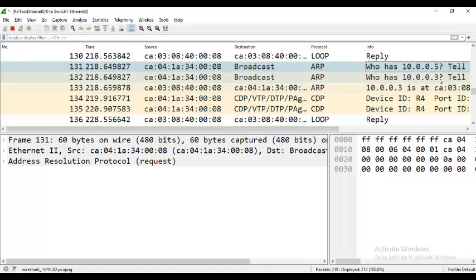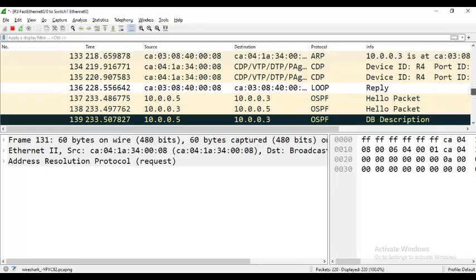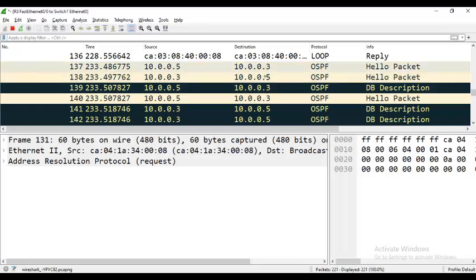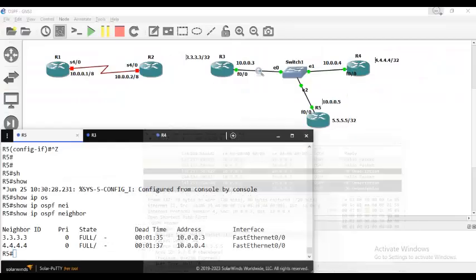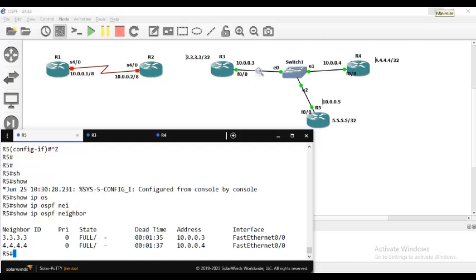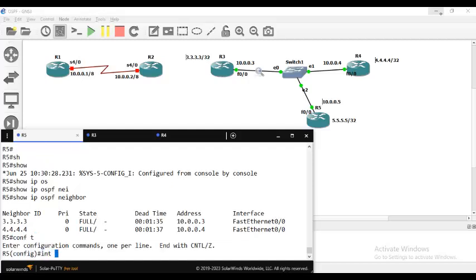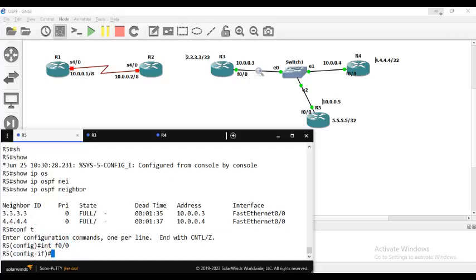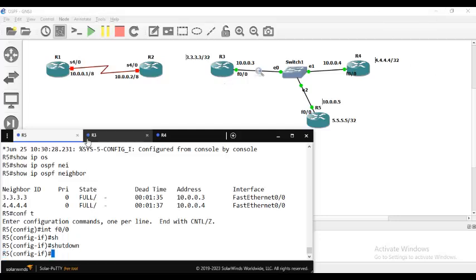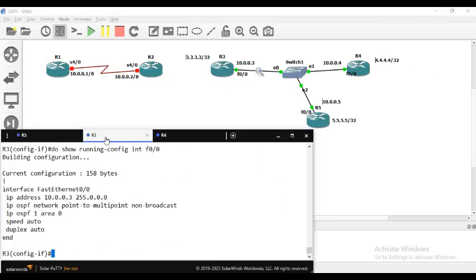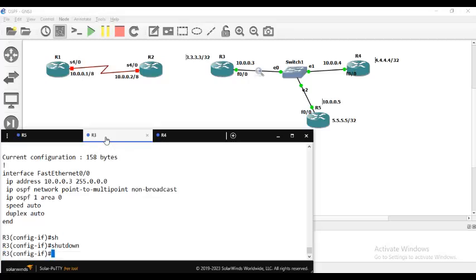So what I'm going to do this time is I'm going to shut down the port, refresh all the tables, because it's not possible. It should not discover dynamically. Okay, I would like to clear the OSPF process on all. Clear IP OSPF process.